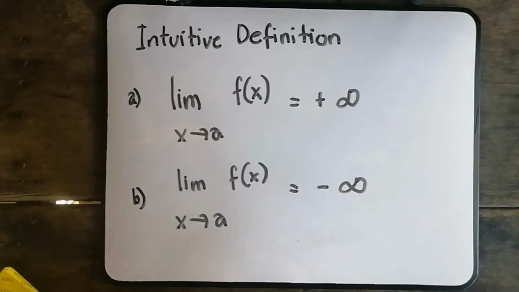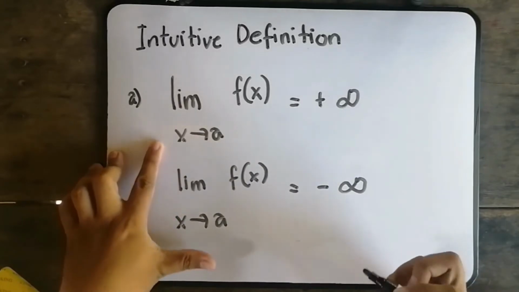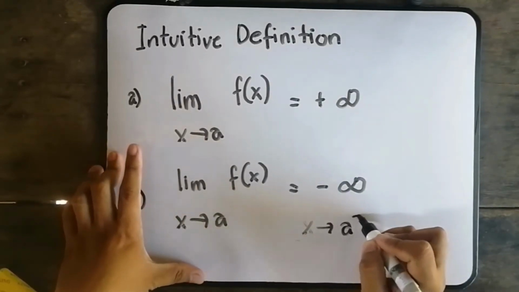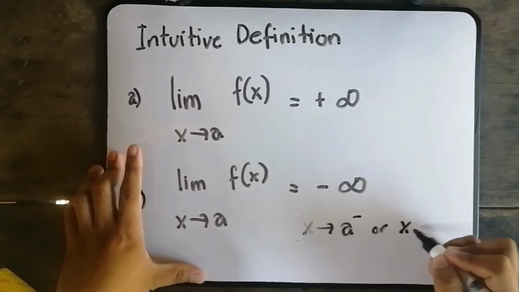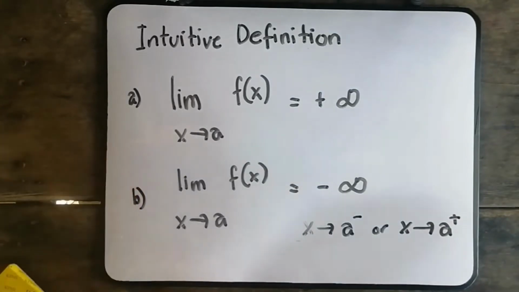In this definition, pwede nating palitan yung x approaches a as x approaches a from the left or x approaches a from the right. So same pa rin yung magiging limit.